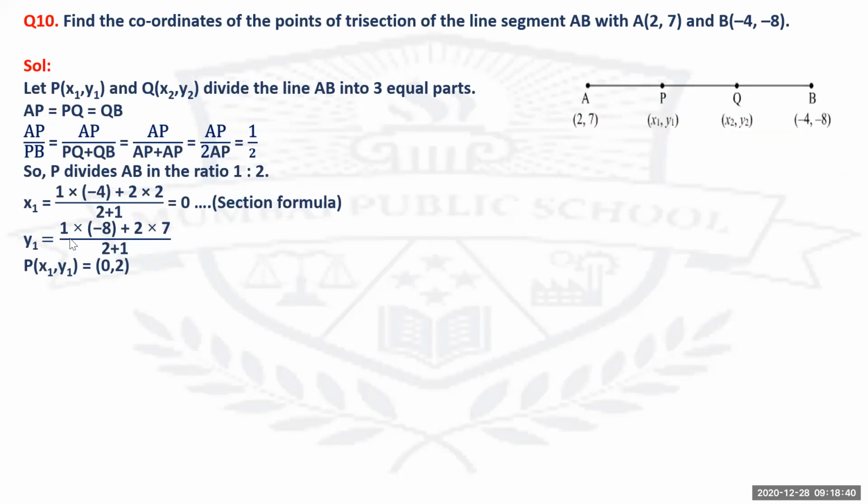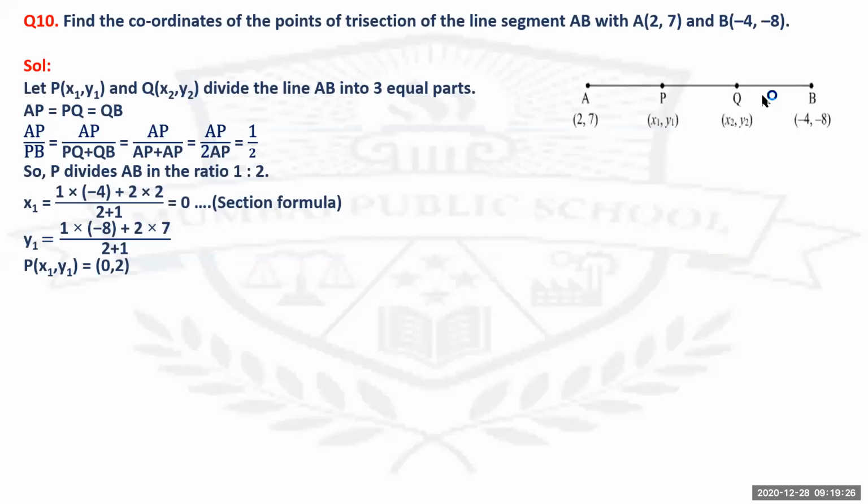So -8 plus 14 is 6, upon 3, and 6 upon 3 equals 2. So y1 is 2. So the coordinates of P are 0, 2. Is this understood by all the students?